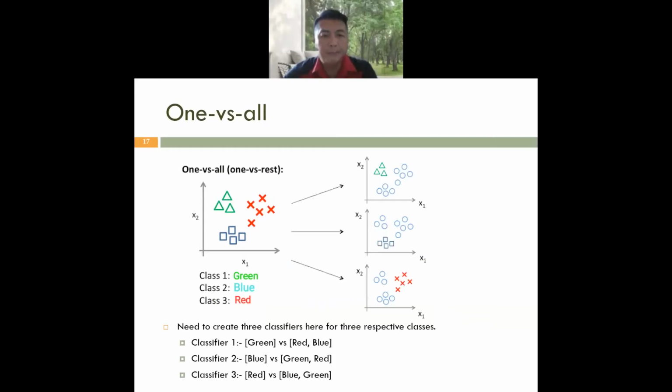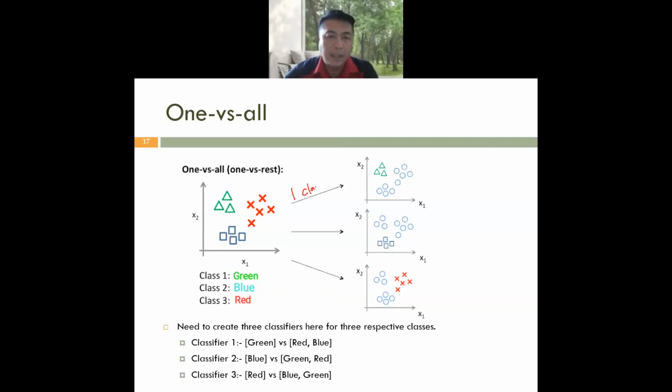Okay, let's suppose we have this. We want to look at one versus all. Here we have three classes, so what we want to do is build the first classifier.